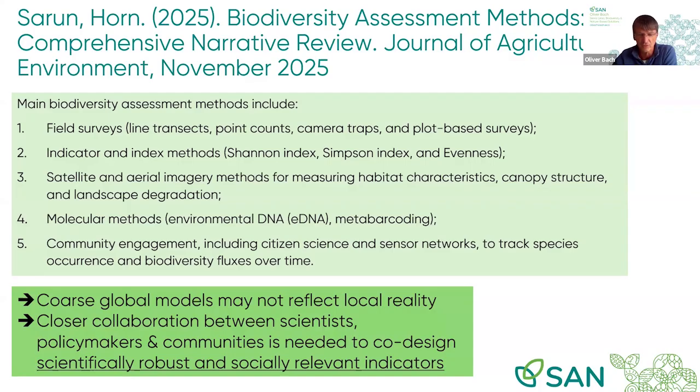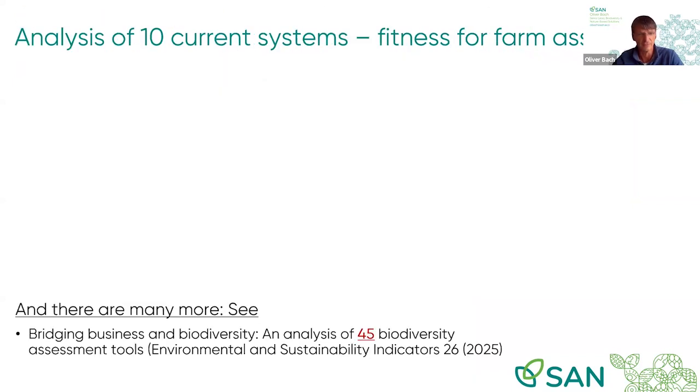And I would stress socially relevant, and I think this is one of the strengths of our global impact network as SAN, right? Most of the global models do not reflect the local reality because they're just too coarse. You cannot check out from a satellite image the biodiversity status of a coffee farm, for example, right?